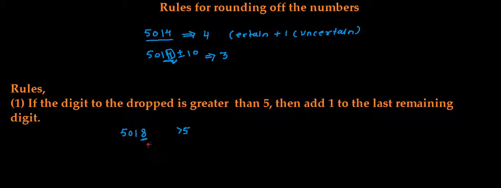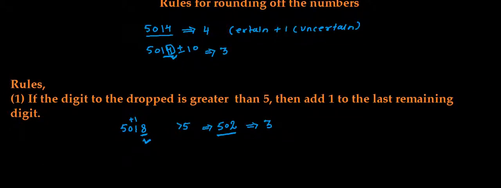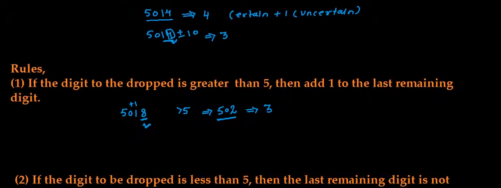So according to rule number one, we add 1 to the last remaining digit. The value comes to 502. Now the significant figure count is 3, and we remove the completely non-significant digit from this number. This is rule number one of rounding off.